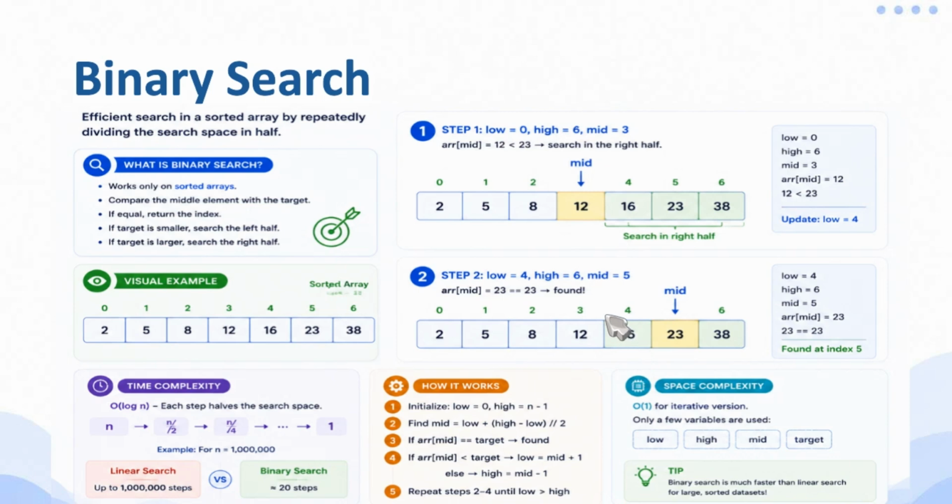The right half has the 4th index to the 6th index. 4 plus 6 divided by 2 equals 5, right? So this is the middle element. Now we check that the target is equal to the middle element, right? We found it, right? Okay.